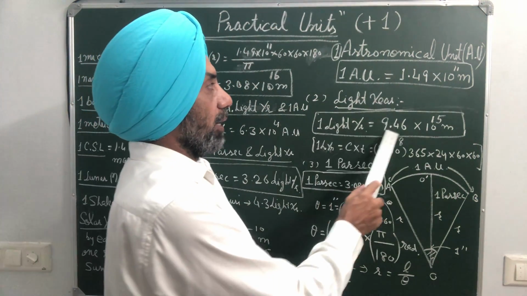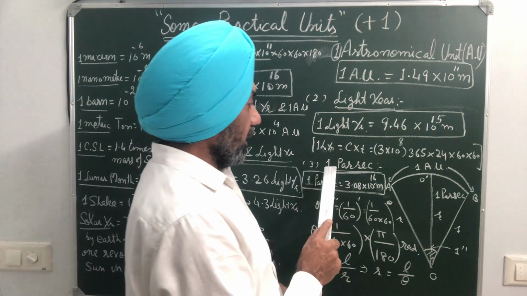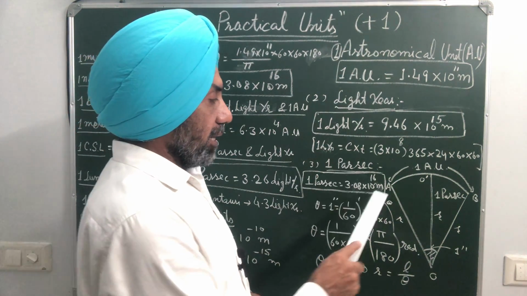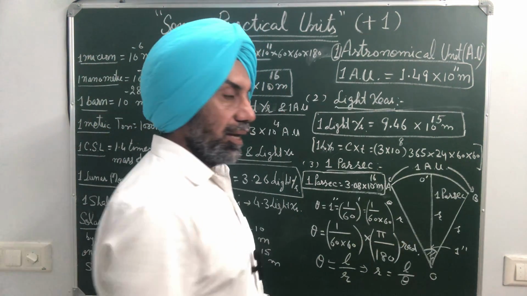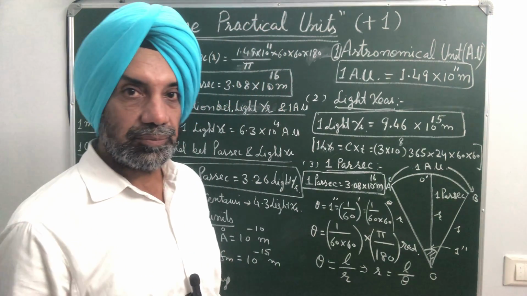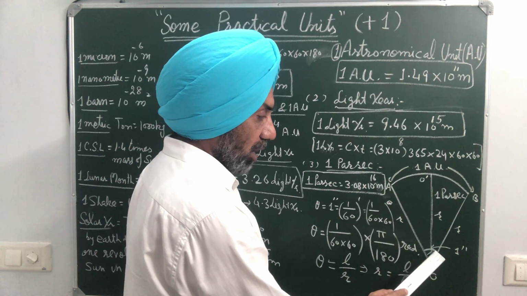So this light year is bigger than 1 astronomical unit. Then the third unit is 1 parsec. Suppose AB is an arc having length 1 astronomical unit. O is the point where this arc subtends an angle of 1 second.